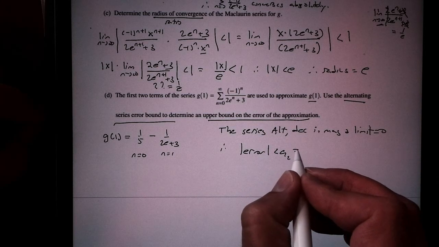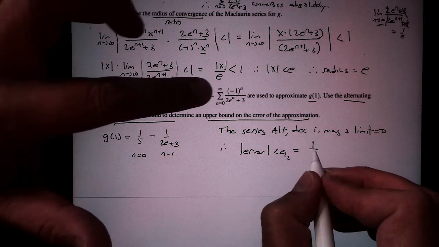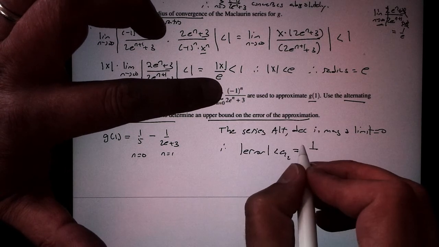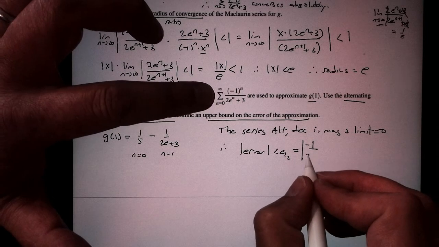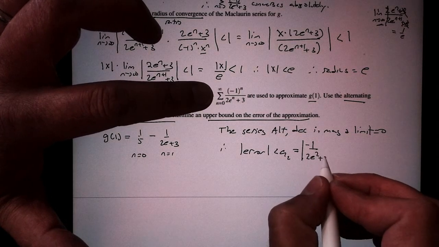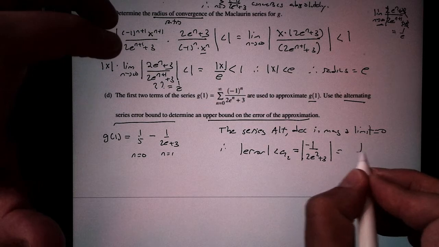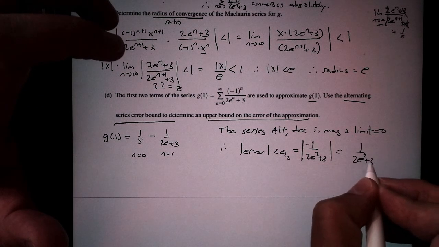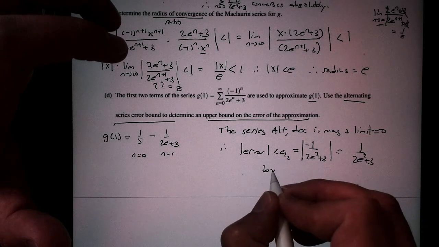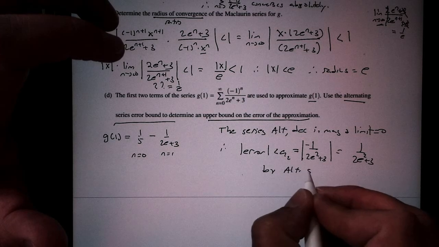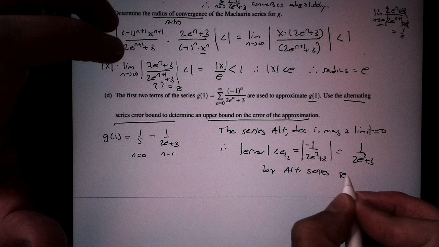And I can just plug that in. Now it's the magnitude, so if I want to, I can do absolute value, negative 1 over 2e squared plus 3, which is just 1 over 2e squared plus 3, and that is the upper limit by the alternating series remainder.